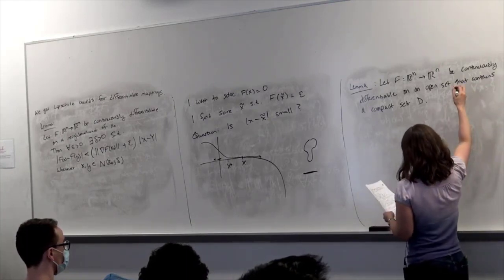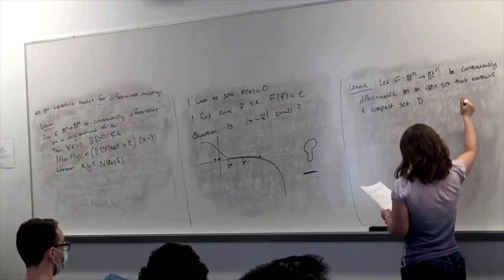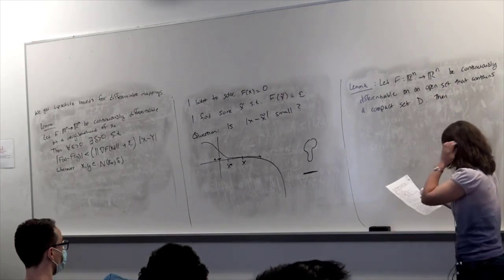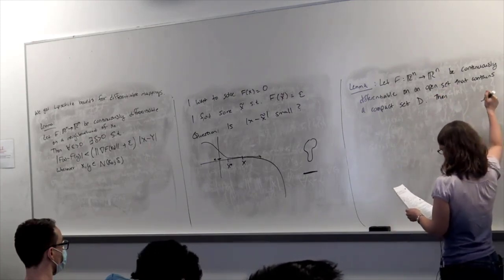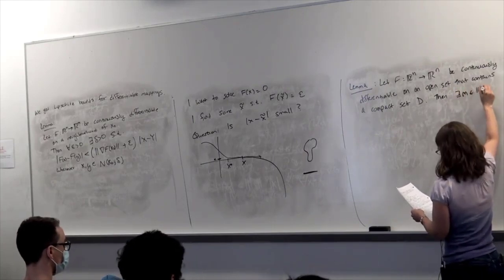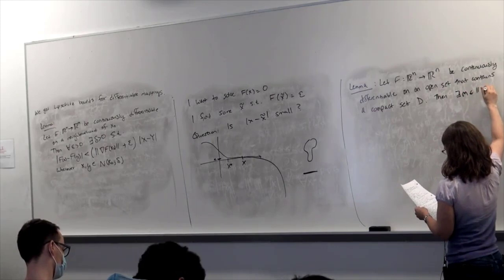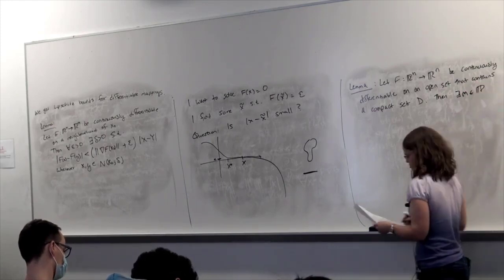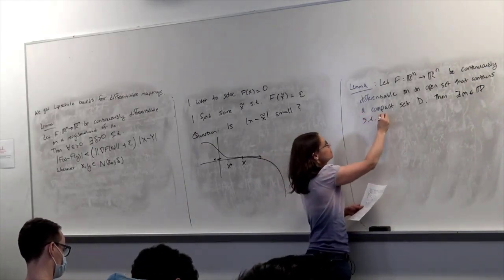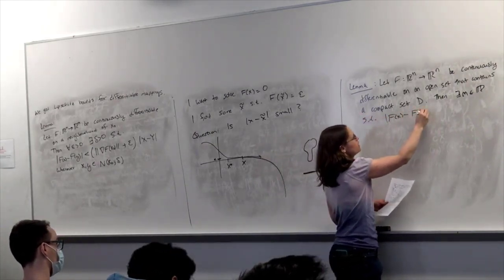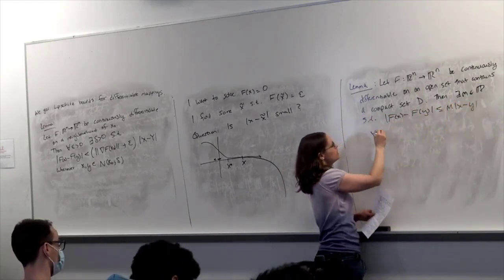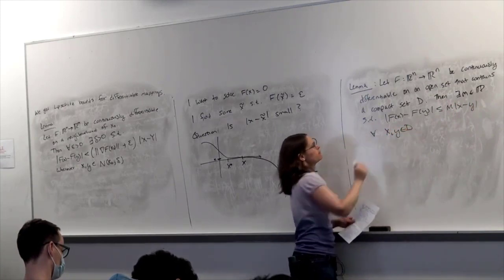Okay, and then, let's see. There exists some m belonging to R, I'm going to give you the last two lemmas here, such that the norm of f of x minus f of y is less than m times the norm of x minus y for all x, y on my compact set.